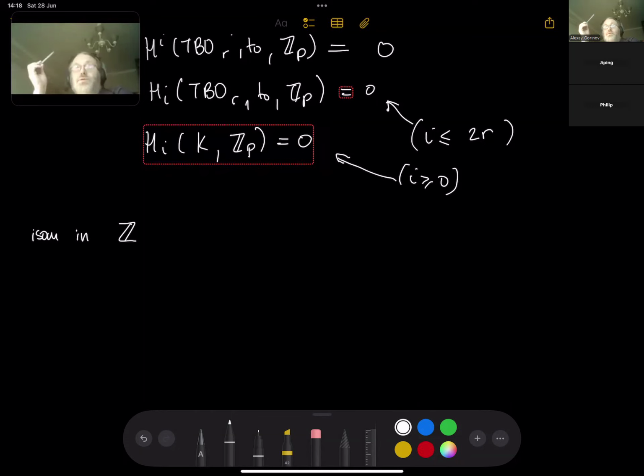In other words, suppose we have a chain complex such that the homology vanishes when we tensor with Z_p for all p. Does this mean that the homology vanishes itself?